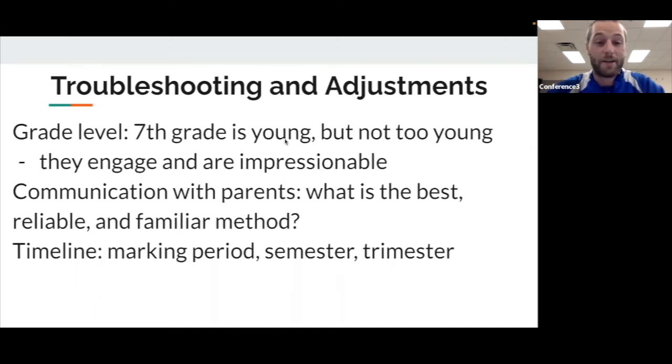I find 7th grade is a great age. Some people might think that's too young. I love it. The kids love the drama of some of these meetings. And when it's boring, they will tell you that it was just boring. Their honesty is perfect. I love it. And they really are impressionable.